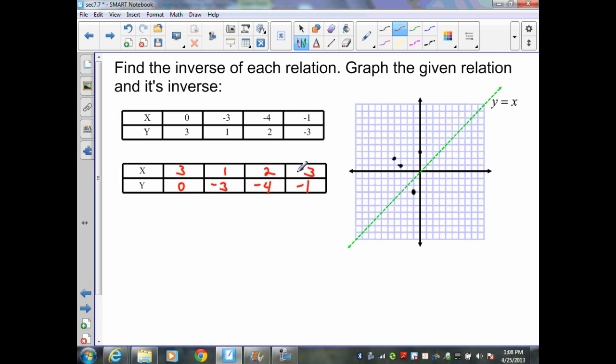Let's plot those points: 3, 0; 1, -3; 2, -4; and -3, -1.